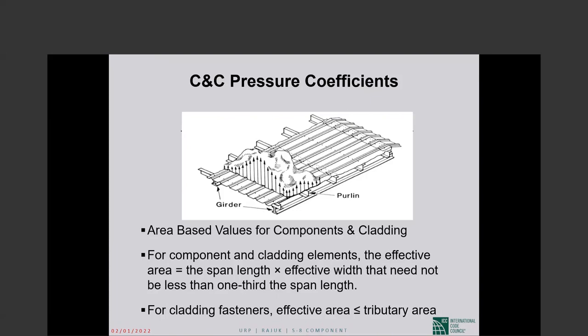The main wind force resisting system derives its loading from components and cladding. That's the main distinction. Components are directly loaded. The main wind force resisting system derives its loading from the components and the cladding.